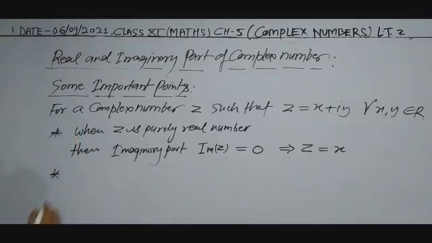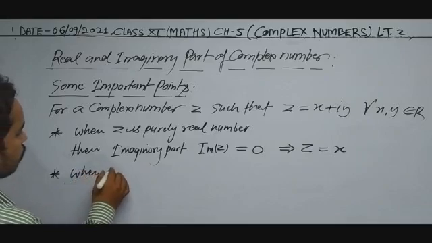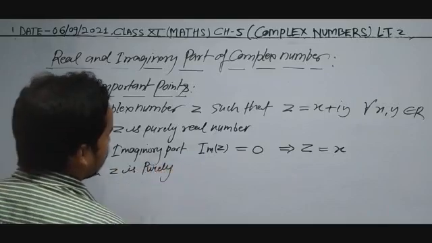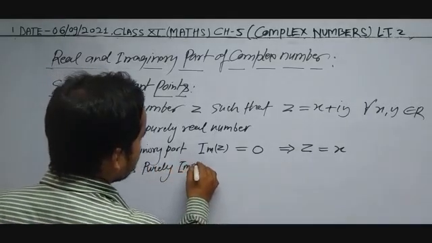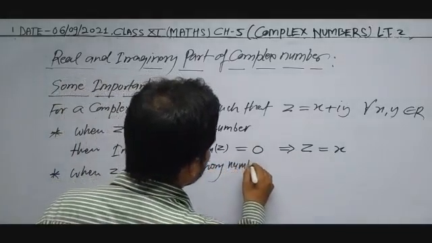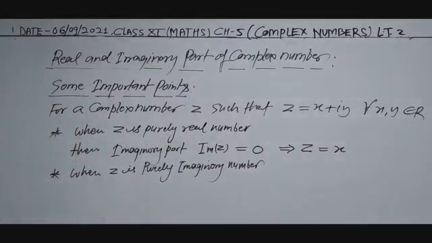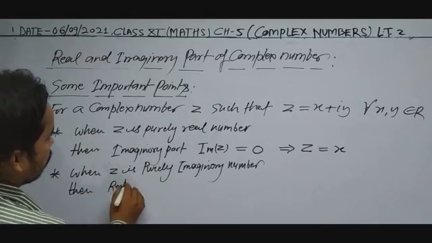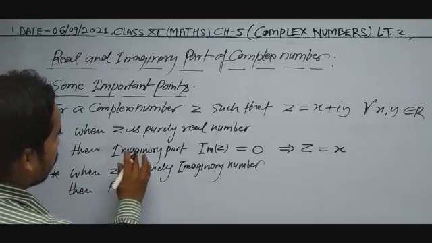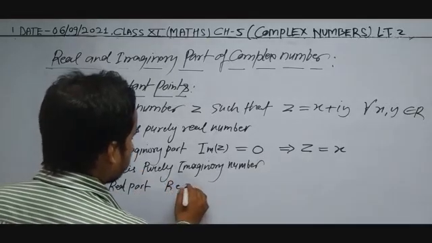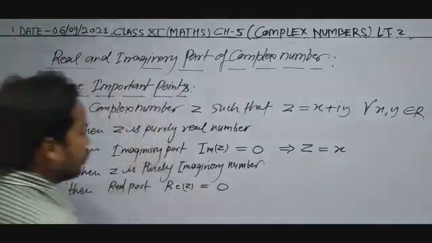Now when z is a purely imaginary number, in that case the real part of z will be equal to 0.